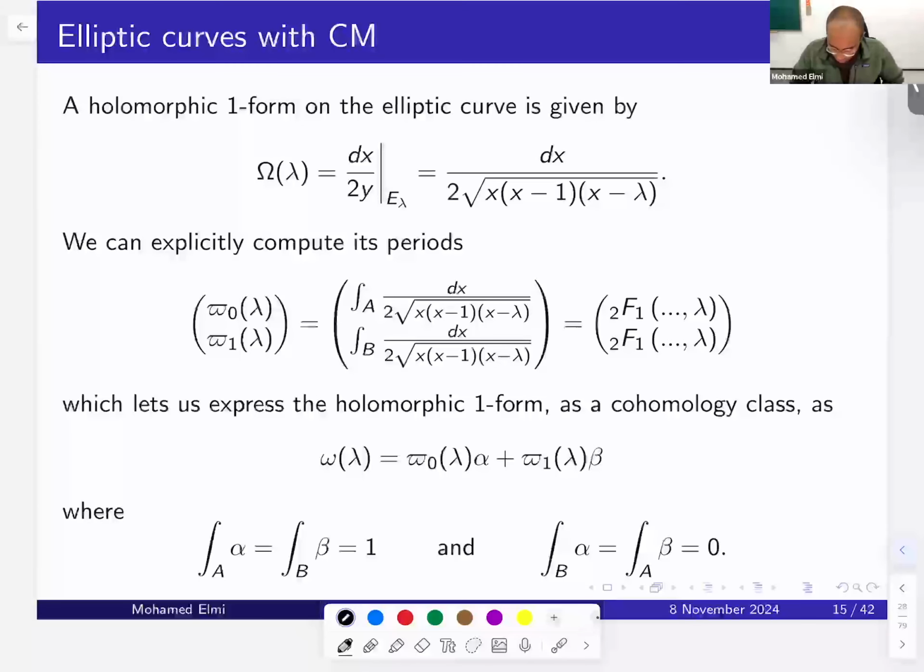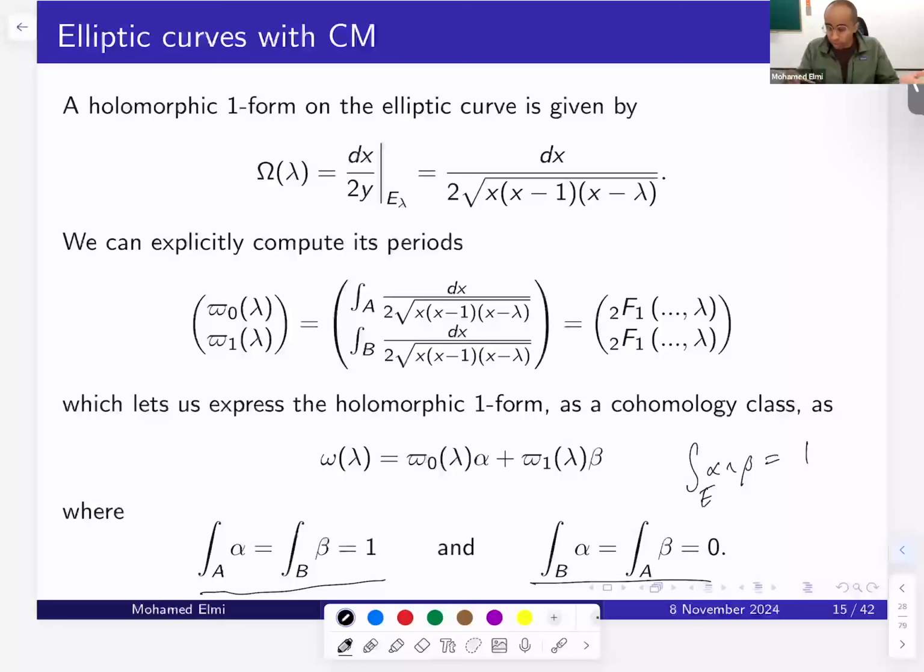And the holomorphic one-form can now be expressed as a cohomology class using these periods. So you take your A and B cycles, and they will have some duals, which I call alpha and beta. They also satisfy alpha wedge beta is 1. So you have some integral homology classes.